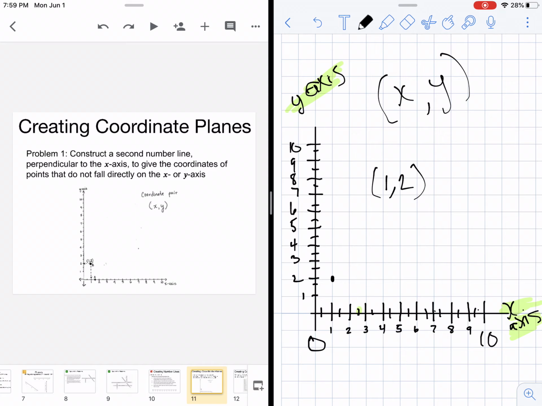That's how you would tell me to find it. Look at 1, 2. Because we went over 1 and up 2. Over, up, over, up.